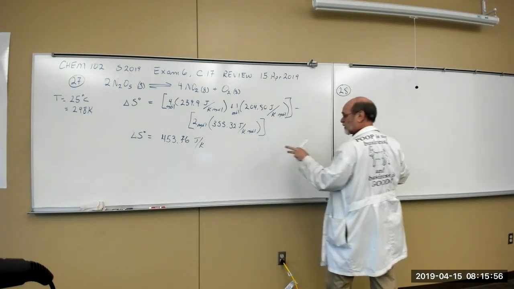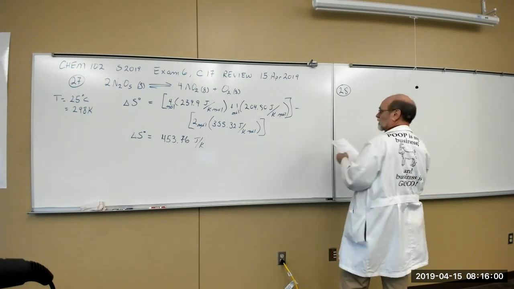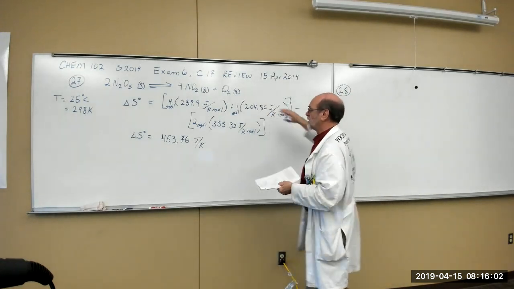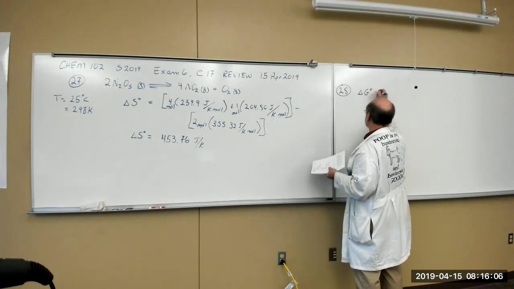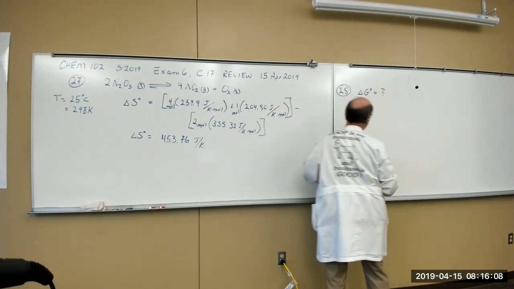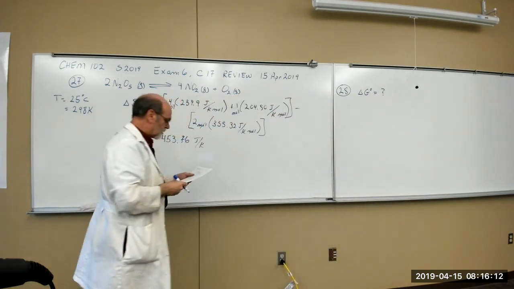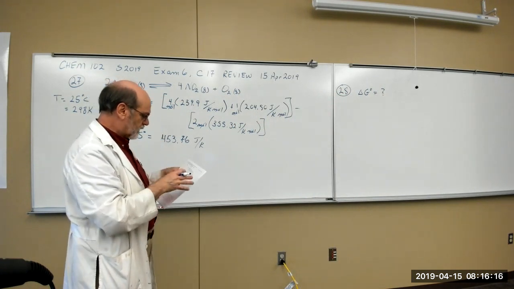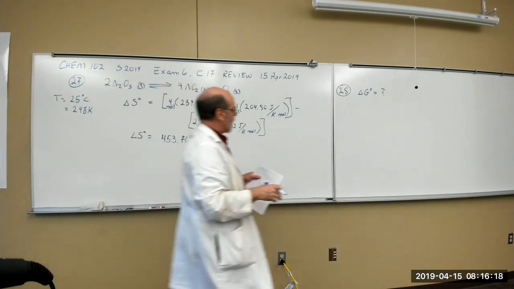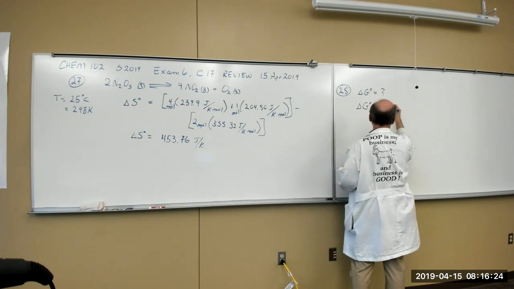So I'm going to leave that one up there because we're going to need that information. So for this same equation, the question then is, what is delta G? Well, we're given information for enthalpy and for entropy. And we can calculate delta G if we know these two.